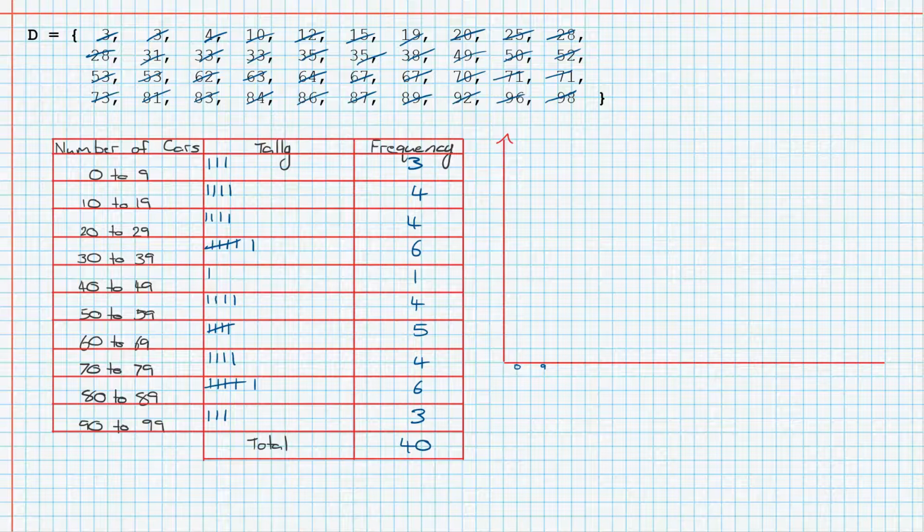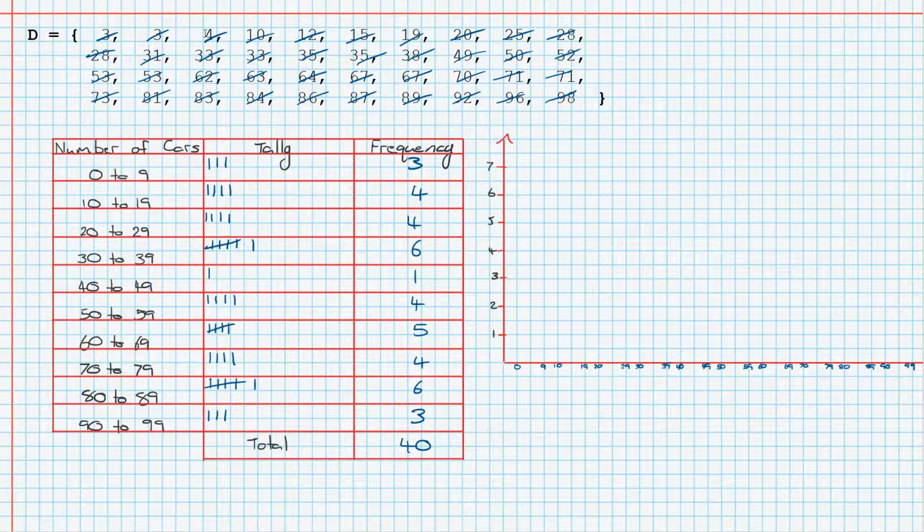Then the next one will be 10 to 19. Then we're going to go 20 to 29. And then the final step is I just need to label the vertical. So I've gone up by spaces of 2 here just so I can space everything out.